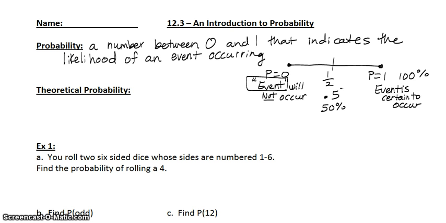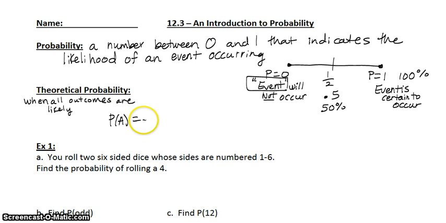Alright, theoretical probability is the probability that you are most familiar with. This is when I have a situation and all outcomes are equally likely, or we can predict what's going to happen because we can know how likely each outcome would be. So here's how I would formally write this.